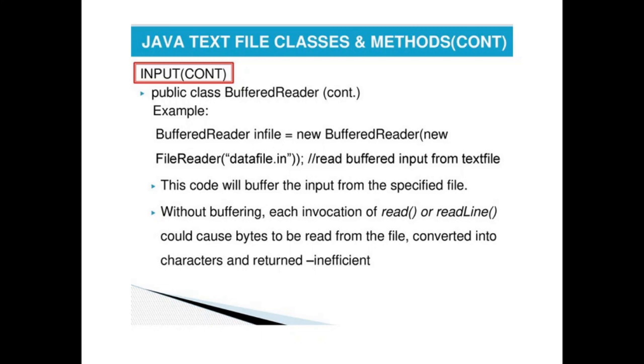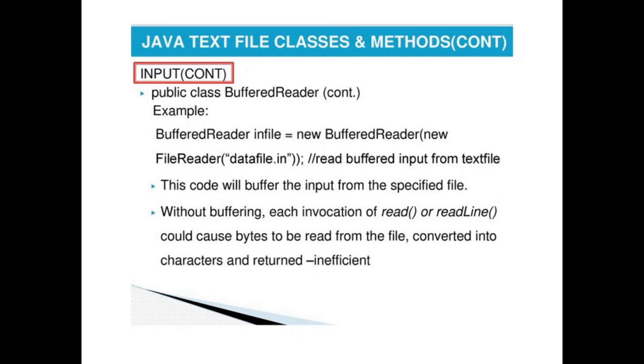This code will buffer the input from the specified file. Without buffering, each invocation of read or readLine could cause bytes to be read from the file, then converted into characters and returned. That is inefficient. What happens when we use buffering is that it becomes faster for us to read from a file.